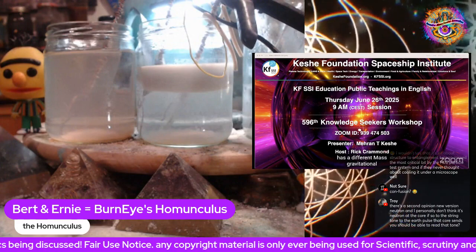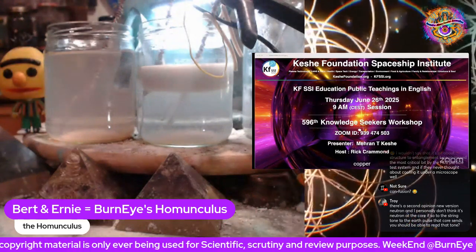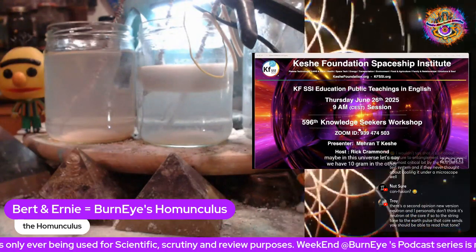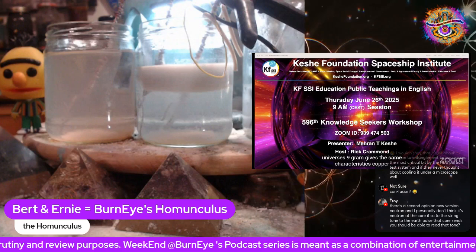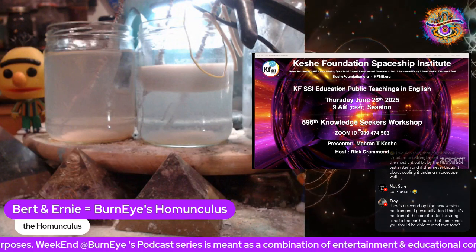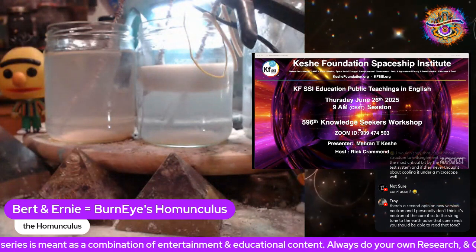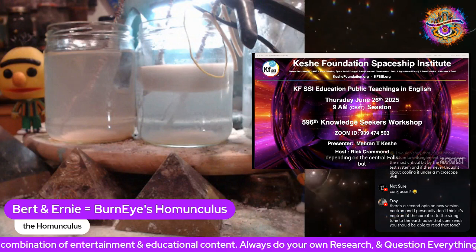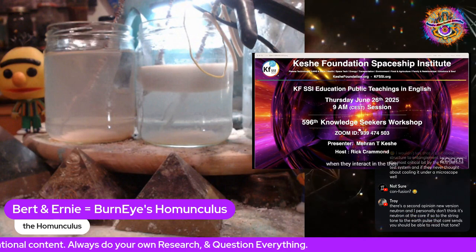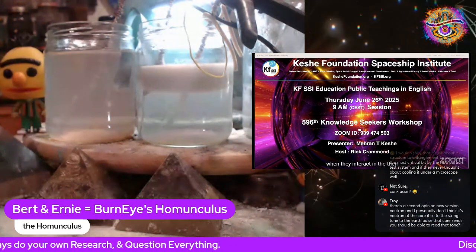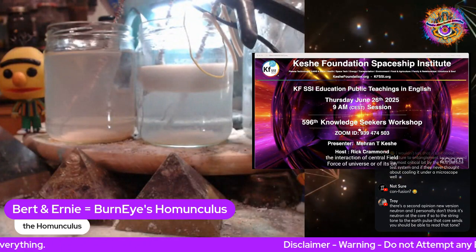Maybe in this universe we have 10 grams, in the other universe it is 9 grams, giving the same characteristics as a copper material. In another universe it could be 15 grams, depending on the central force. But when they interact in the unicast, then the interaction of the central field force of the universe or unicast decides the mass.